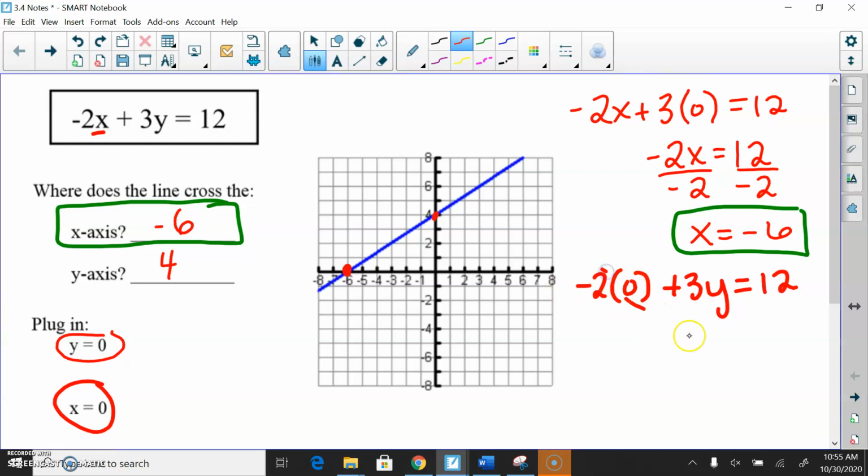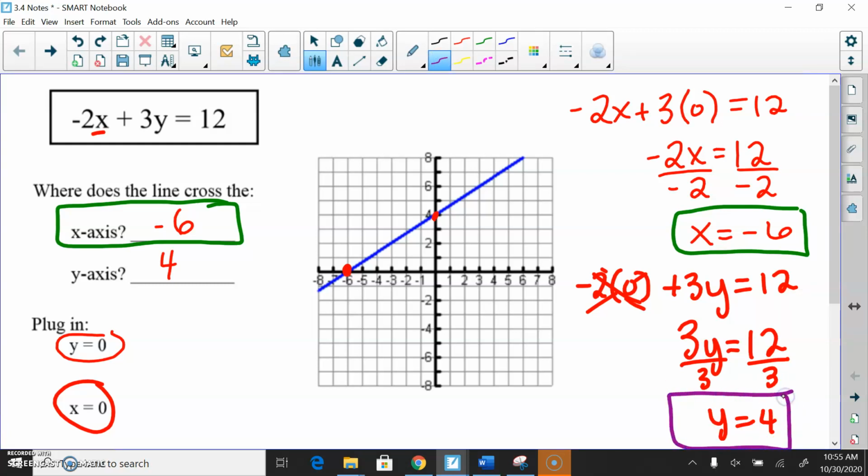So this term goes away and we're just left with 3y equals 12. We can divide both sides by 3, and we get y equals 4. Now again, notice that this y equals 4 is in the same place where it crosses the y-axis. So when a graph is in standard form, that's what we're going to do.